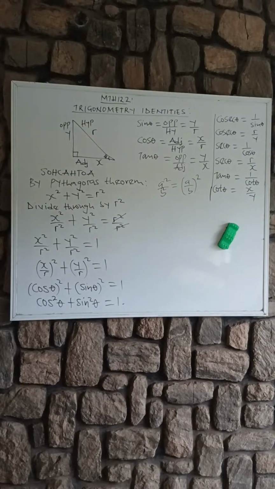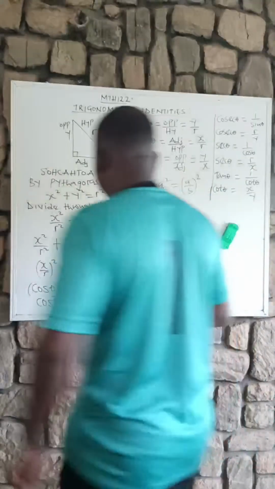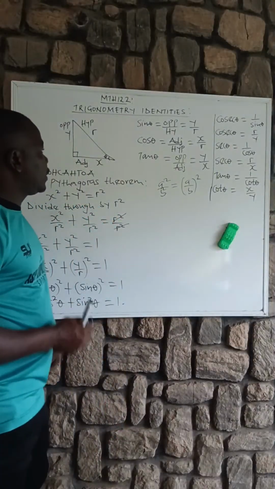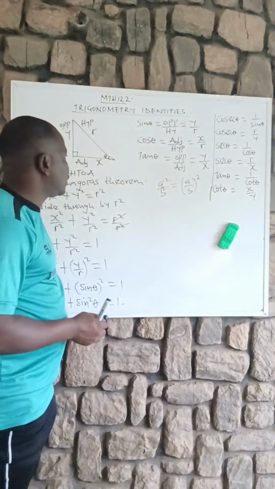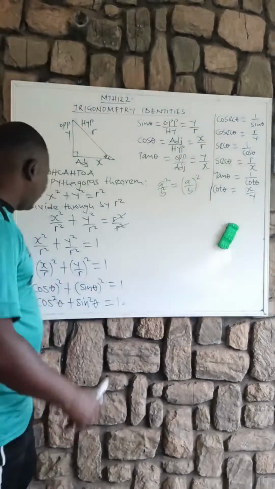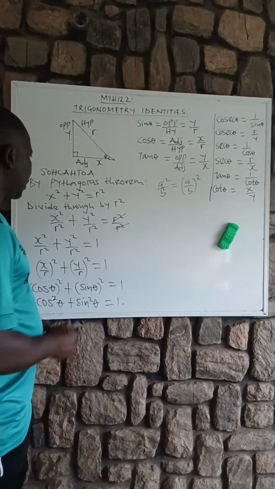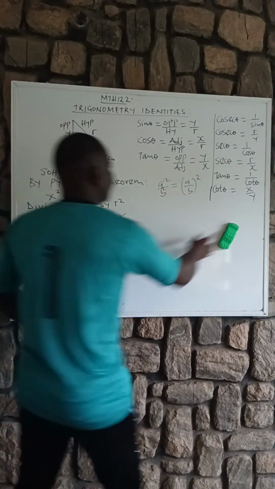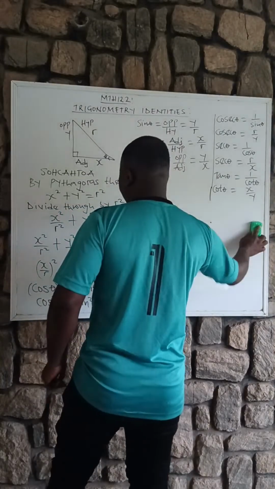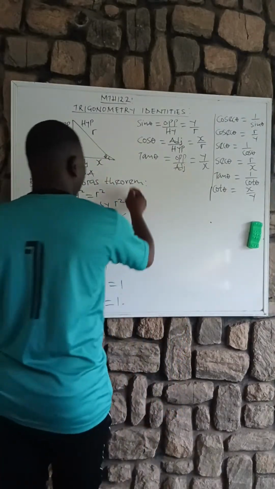Is there any question that you want to ask? Okay, so if you can see what I have seen, it's as simple as ABC. It is not difficult. So let's move further to prove the other identity.